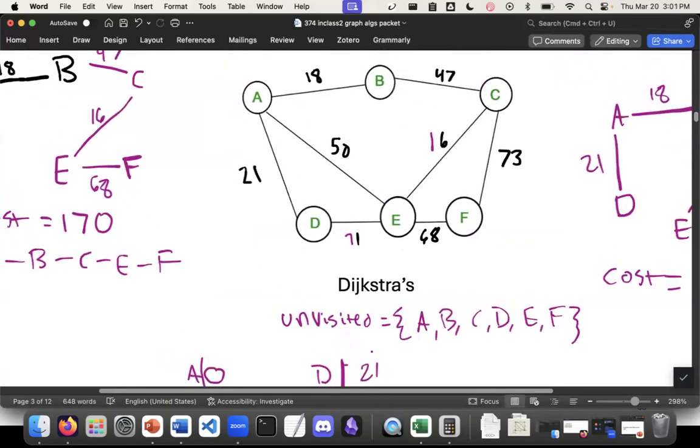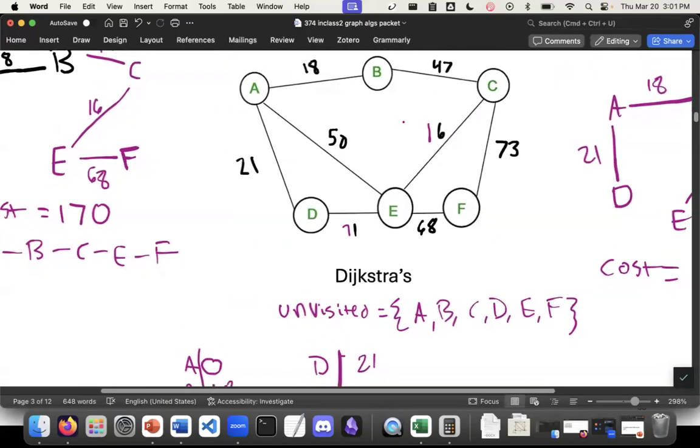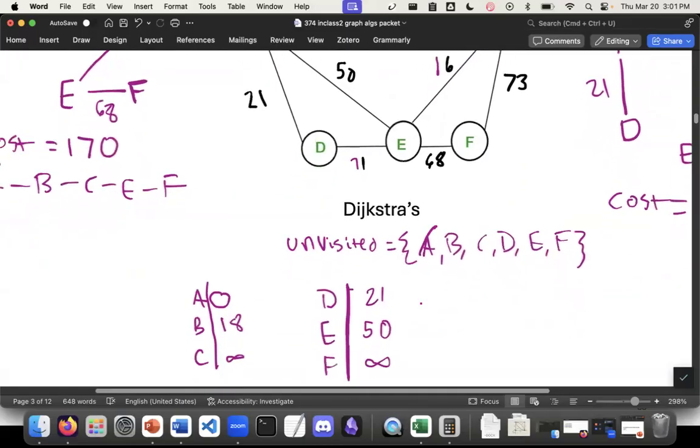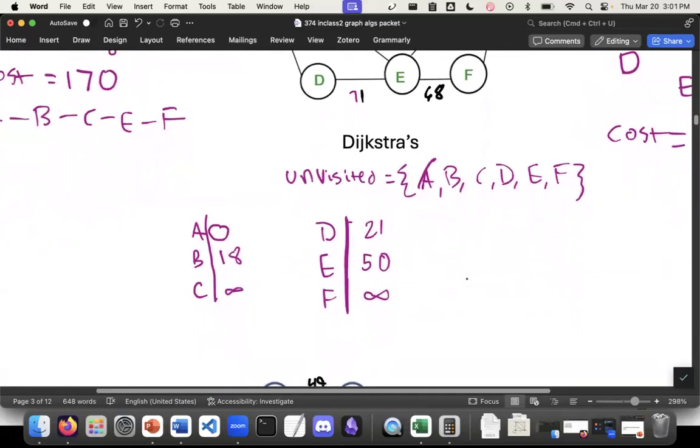Okay, so now we've gotten all the vertices that are reachable from A. So we cross A off the list. Now we look through our distances list. Which one is the smallest? It's B for 18, right?